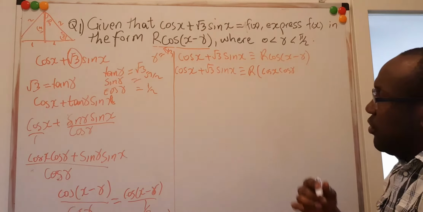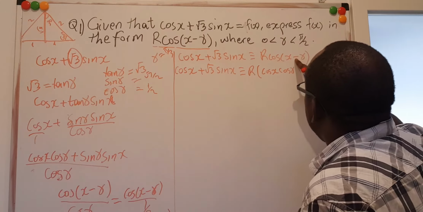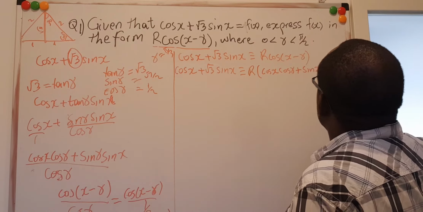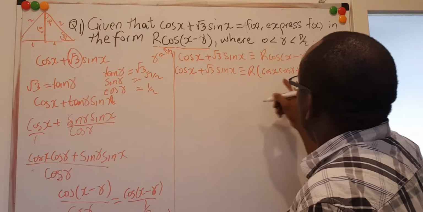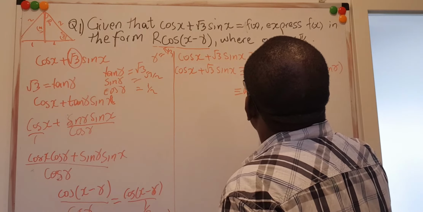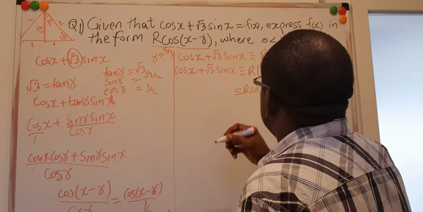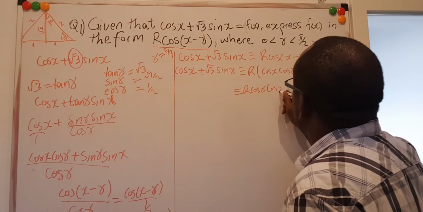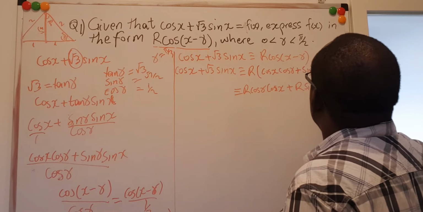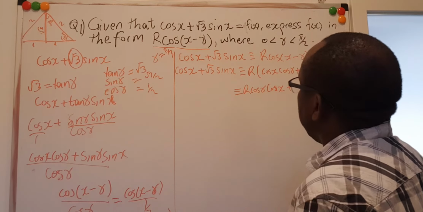Cos is always together, does not mix with sine, and when it's minus it becomes plus, sine x sine gamma. If I open this, I'm going to have r cos gamma cos x, plus r sine gamma sine x. Just arrange it. This is a saloon, just want to fix the hair to look nice.